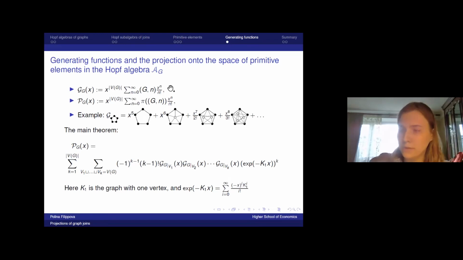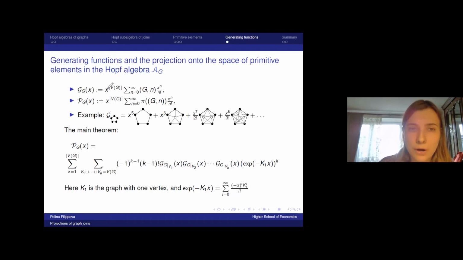It's much more convenient to work with such joins. We are interested in projections of joins. In particular, if we collect the joins with graphs with 0, 1, 2, and so on vertices in one generating function, this generating function is of such a form.